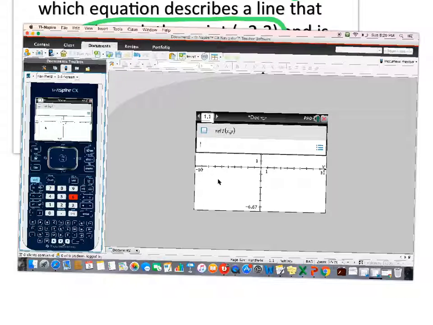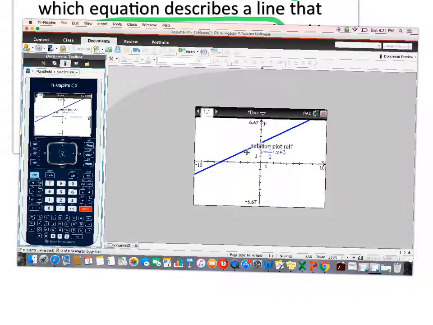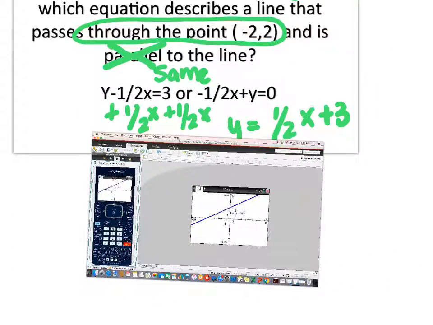So our equation was y equals 1/2 x plus 3. After we graph it, we're going to check if it has a point (-2, 2). Well, at -2, it is at 2, and we have a slope of 1/2, so therefore my answer is the first equation.